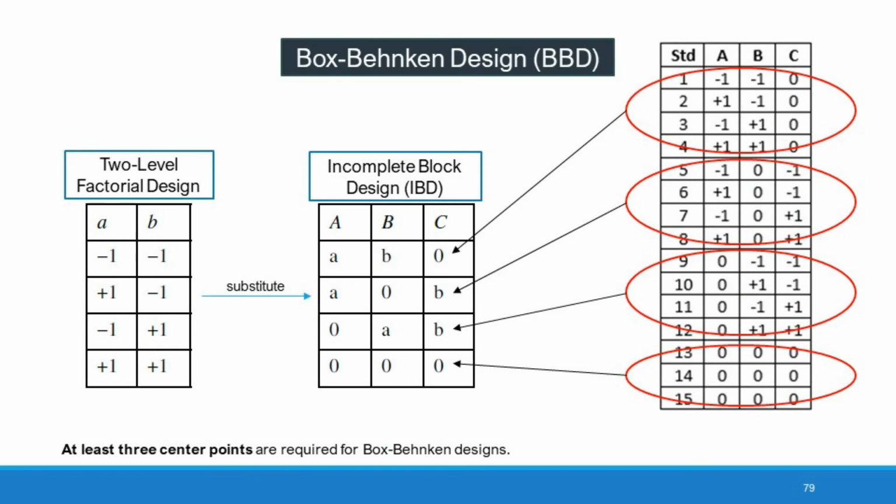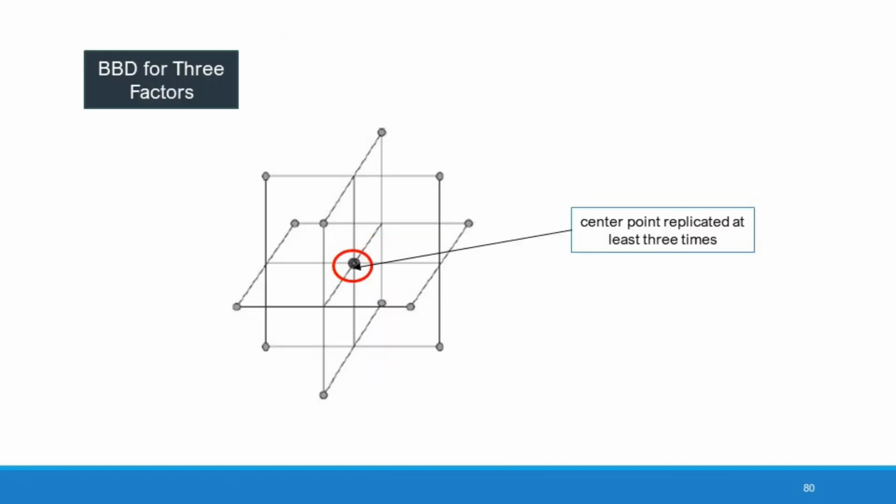The design matrix is obtained by substituting the 2-level factorial design on the left and incorporating it with the IBD on the right. Similarly, the Design Expert 11 software will do it for you and generate the BBD experimental runs. At least 3 center points are required for Box-Behnken designs. This is the structure of BBD, and again, the center point must be replicated at least 3 times for the design to be adequate.